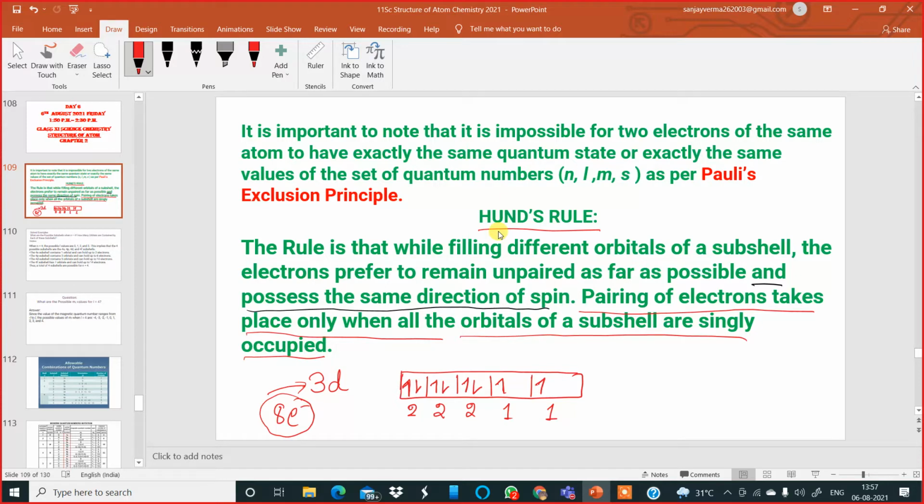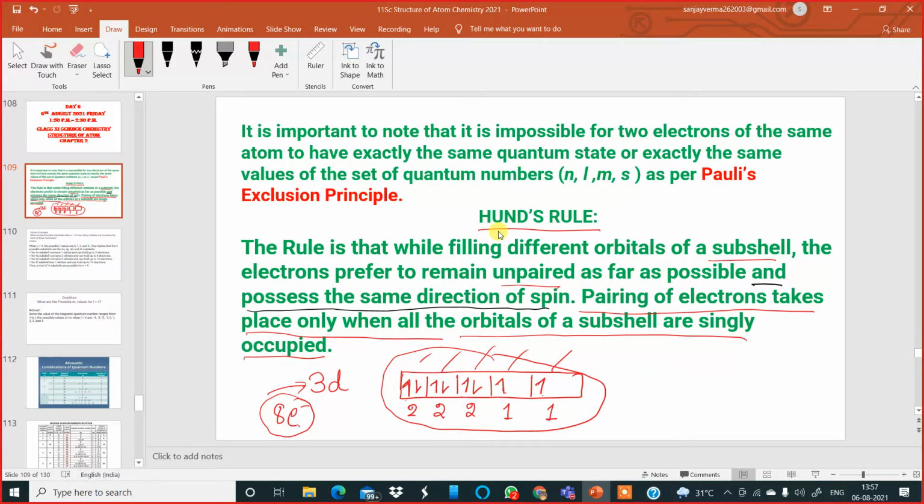This is the explanation for Hund's rule. According to this rule, while filling different orbitals of a subshell, here the 3d subshell, and these are the different orbitals, the electrons prefer to remain unpaired, so they first occupy the orbitals singly, and whatever excess electrons there are, they pair up.